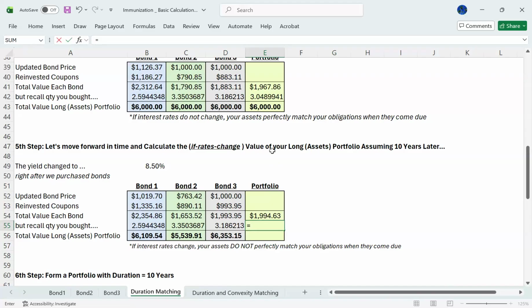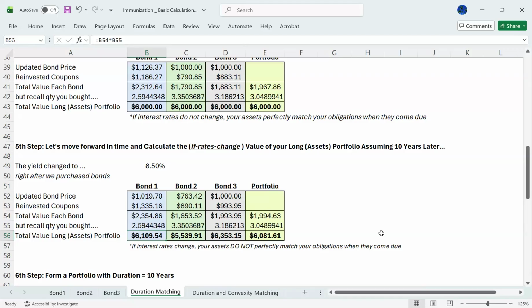But let's keep in mind that I bought this quantity, and now let's multiply the two. Now, immunization is not perfect, but we are not falling short. We are a little bit closer to the value of my liability vis-a-vis bond one, which was the one that was closest to the liability.